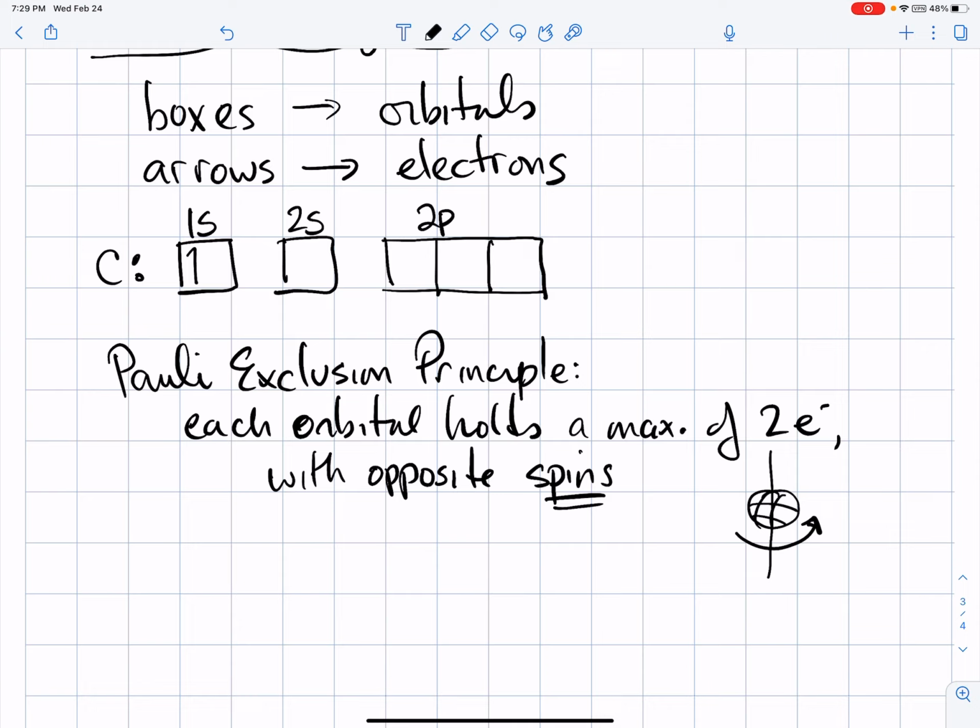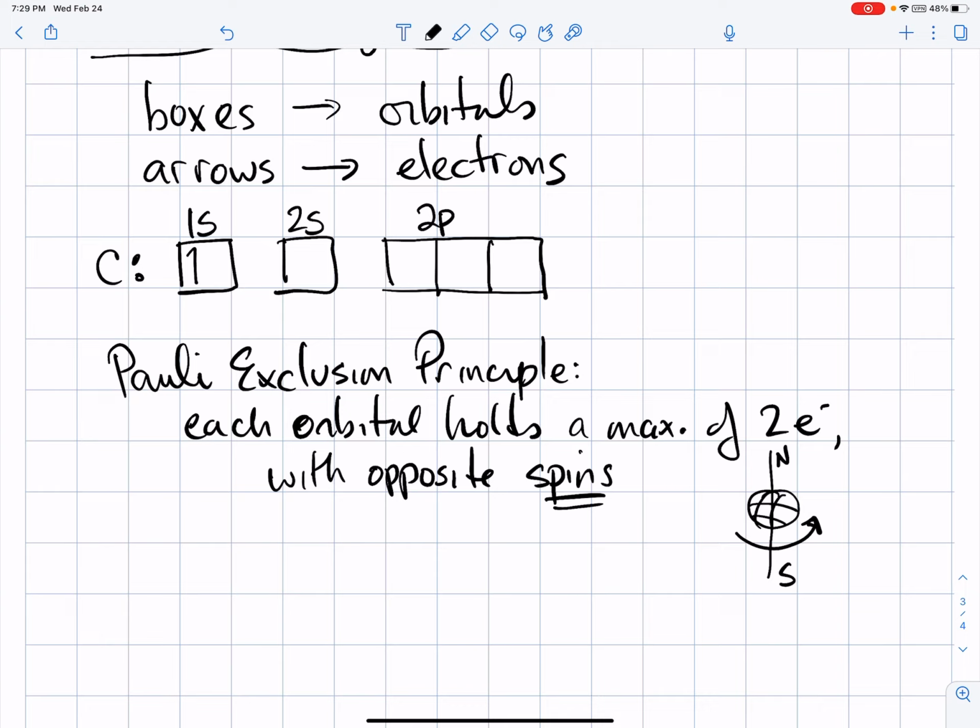Now, I'm going to guess, because I didn't look this up, but a negative particle spinning one way creates a magnetic field north-south. I may have that backwards. And then when it spins the opposite way, it has the magnetic field reversed, so south-north. Every electron has a magnetic field, so we imagine that magnetic field is created by a spinning electron.